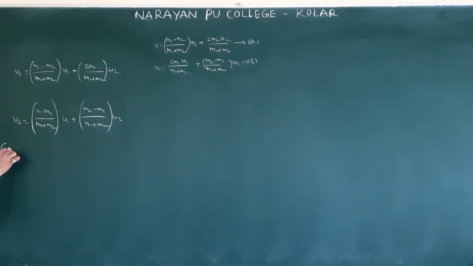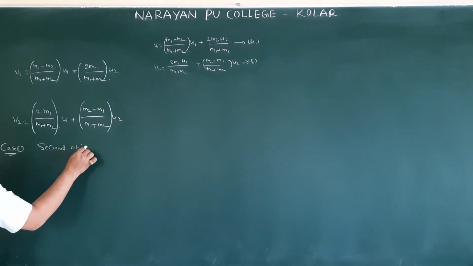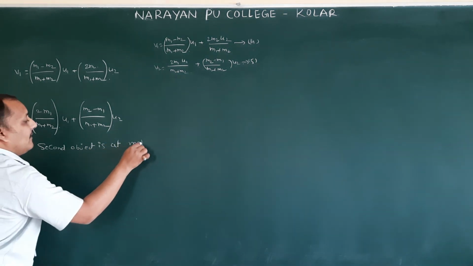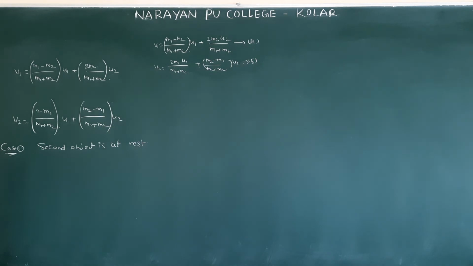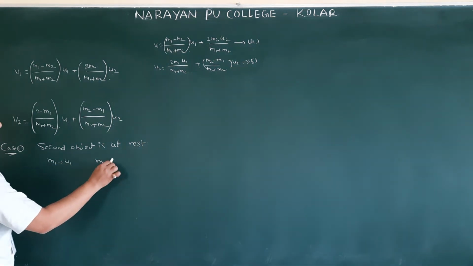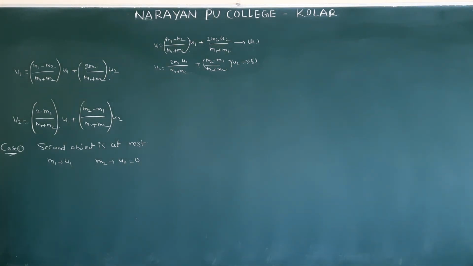Case 1. Second object is at rest, but the first object is moving. First object M1 is moving with U1, M2 is at rest, U2 is 0. Then what are the final velocities?